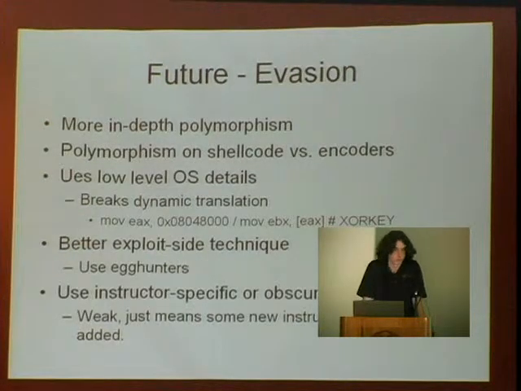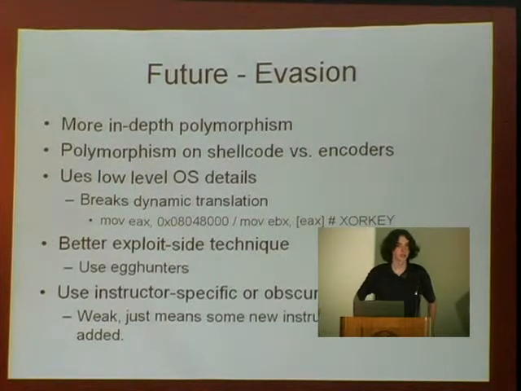The future of evasion? Well, the real future is just implementing all three rules properly. None of the encoders we looked at actually did that. All of them were missing some key feature or really skimped on some things. So just do it more in depth and do it properly. Polymorphism can be done on shellcode or on encoders.